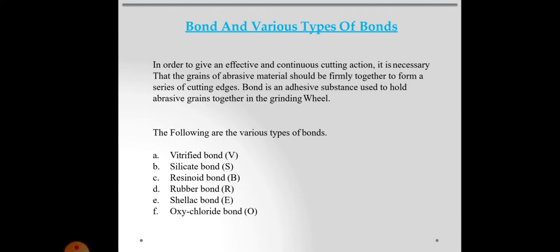Bond is an adhesive substance used to hold abrasive grains together in the grinding wheels, and it will not allow the small abrasive particles to come out from the grinding wheels, so that is why we are using bonds. The following are the various types of bonds used in grinding wheels: vitrified bond, silicate bond, resinoid bond, rubber bond, shellac bond, and oxychloride bond.